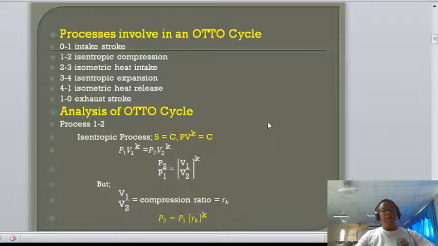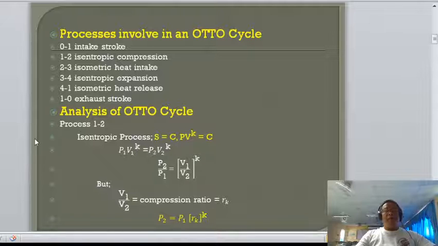If we consider the process between 1 and 2, that is isentropic, we'll notice that the equation is PV raised to K equals a constant. This can be written also as P sub 1, V sub 1 raised to K equals P sub 2, V sub 2 raised to K. Or rearranging the equation, P sub 2 over P sub 1 is equal to V sub 1 over V sub 2 raised to K.